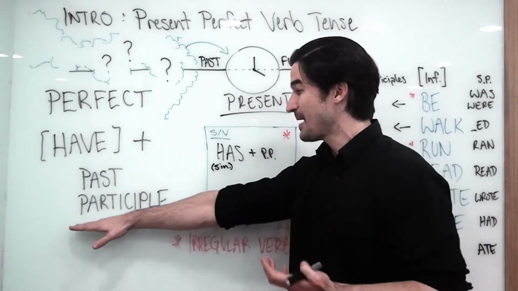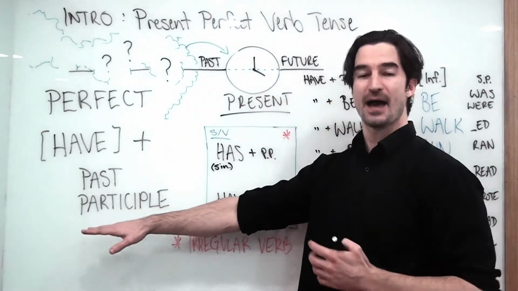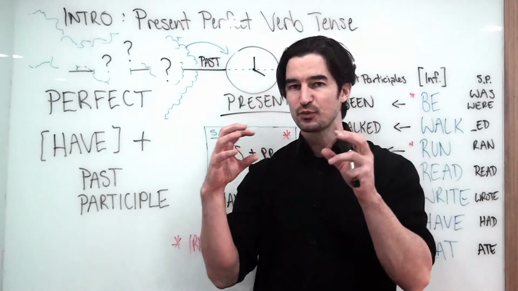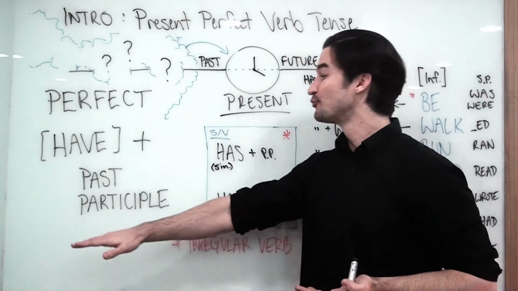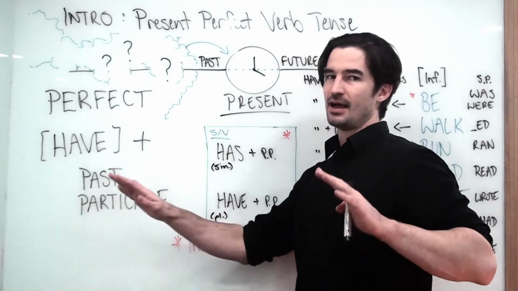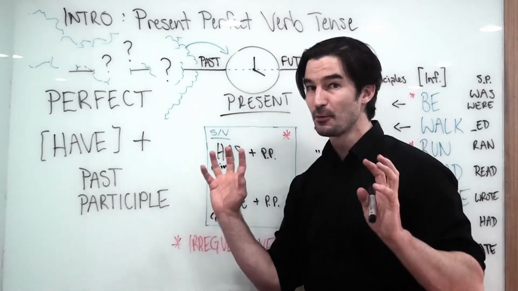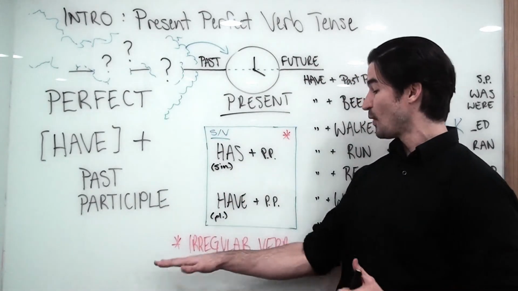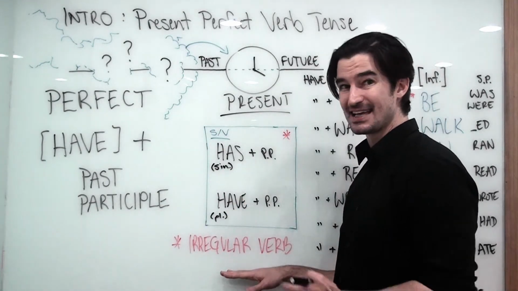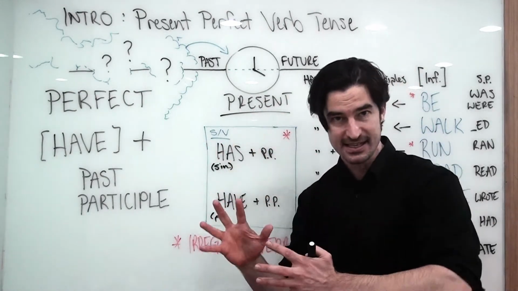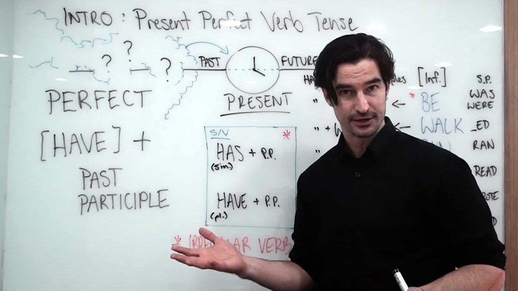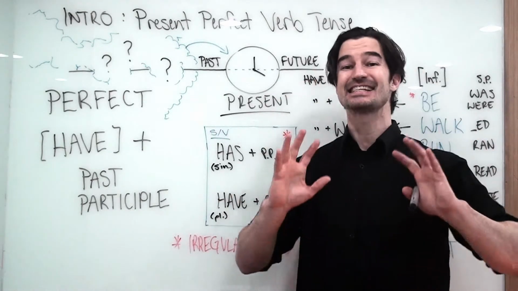That is the past participle. The past participle is the word we use to show the simple past in regular verbs. Now remember that the simple past defines what regular or irregular is, and that's the reason. If the verb uses ed in the simple past, it's regular. If it doesn't, it's irregular.